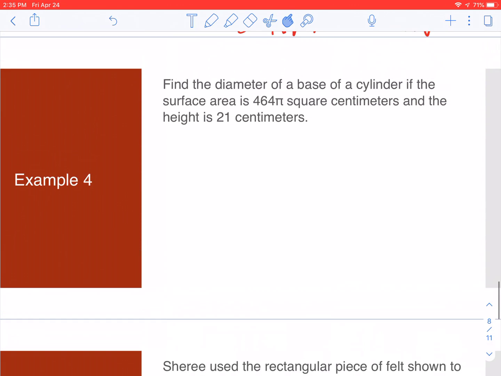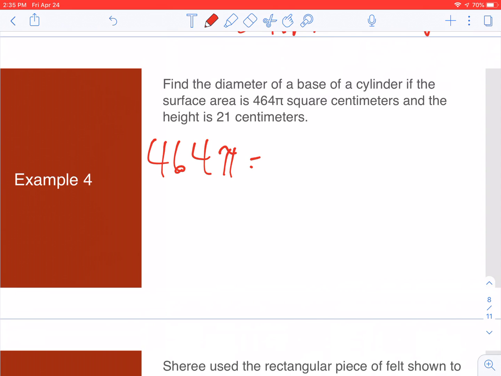Now it says find the diameter of a base of a cylinder if the surface area is 464 pi and the height is 21. In other words, I have to solve for r. So 464 pi equals 2 pi r times 21 plus 2 pi r squared. What I'm going to do here is multiply this out.